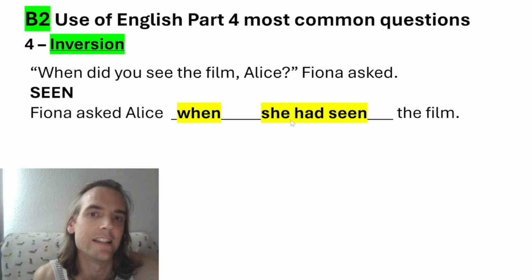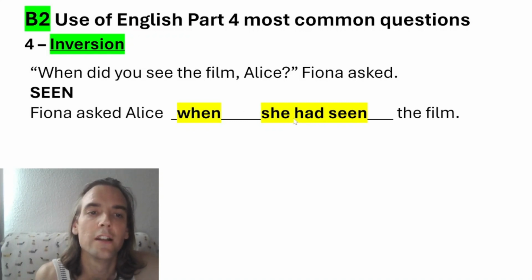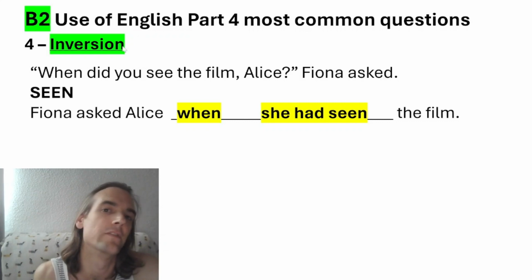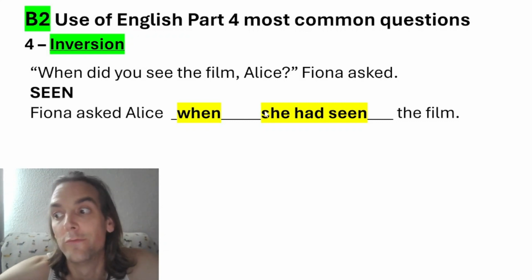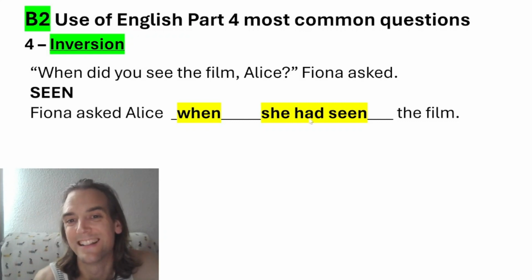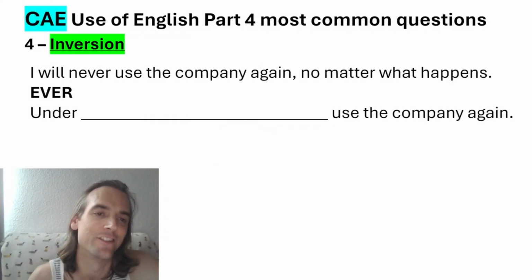We do not invert the subject and the auxiliary verb, because it's not a question. It's reported speech. You can't see a question mark. So this is like an inversion question, which C1 students should be much more familiar with, because the important thing for one point is the subject and verb not being inverted. For C1, now you should know your inversion.